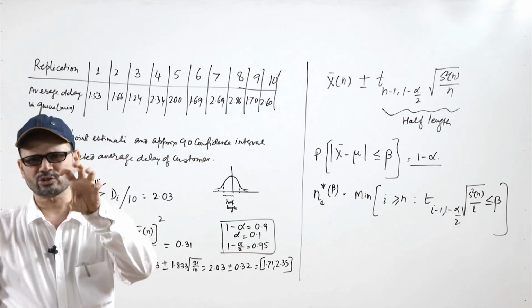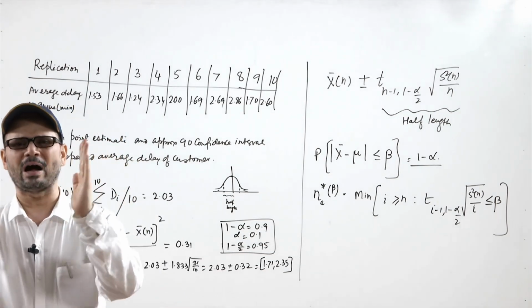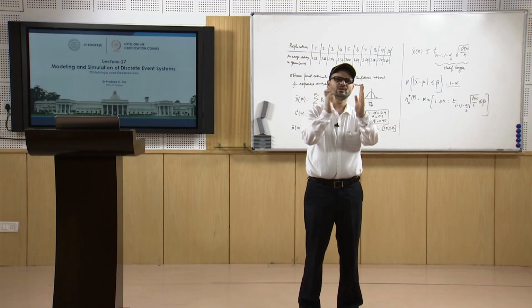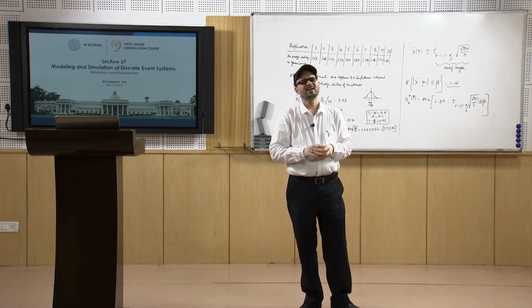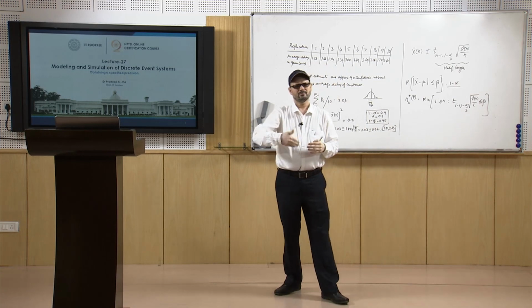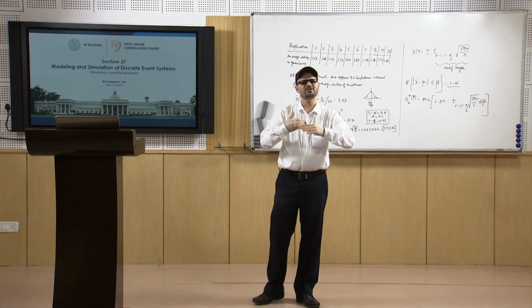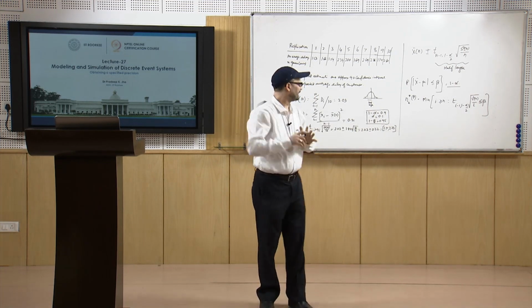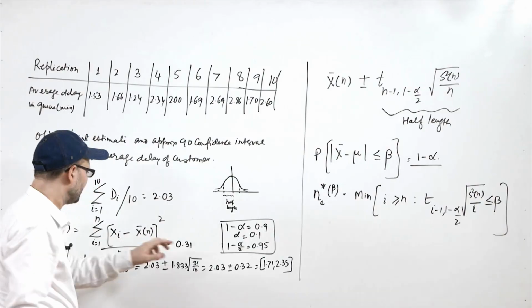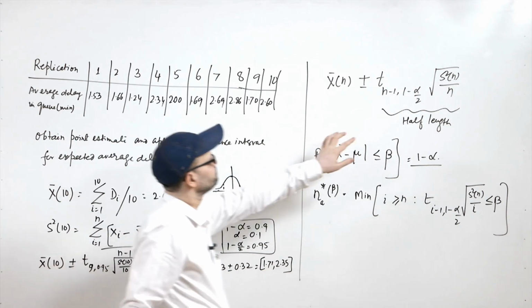We want to reduce this 0.32 half length to 0.25. So, for that we have to increase the n, and for every increase, this parameter will be changing.